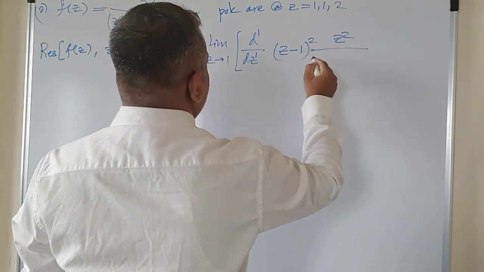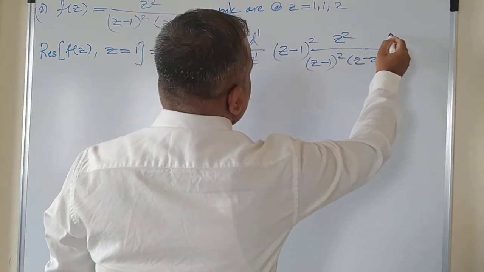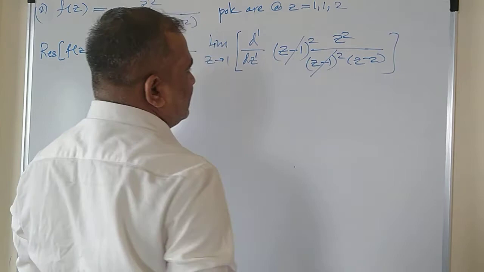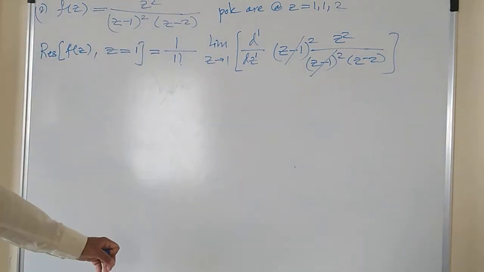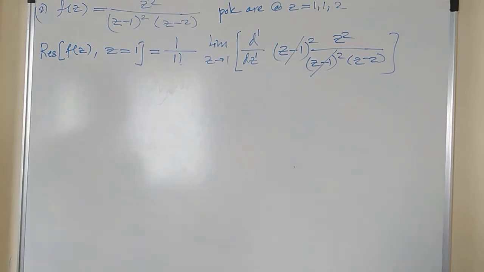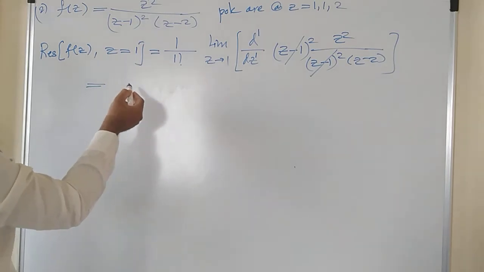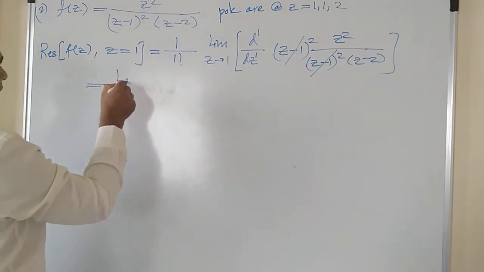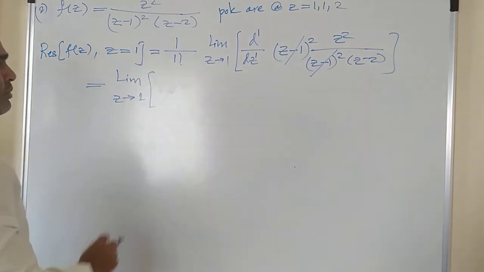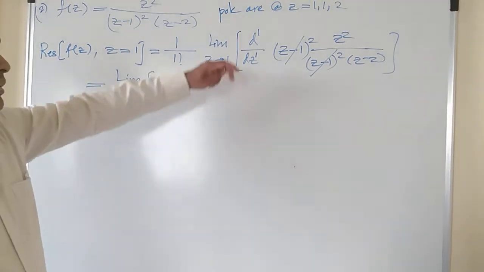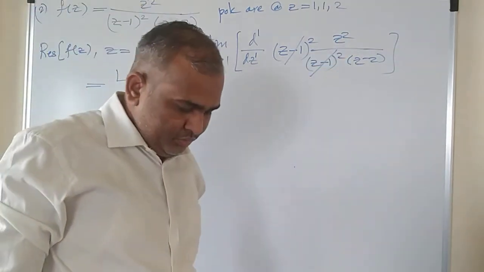F of z is z square upon z minus 1 bracket square into z minus 2. So these two get cancelled, and for the remaining factors you can calculate the first order derivative, and then put the value, right? Now if you solve this, 1 upon 1 factorial is 1, I need not write it. Limit z tends to 1 into bracket, the first order derivative of z square upon z minus 2.